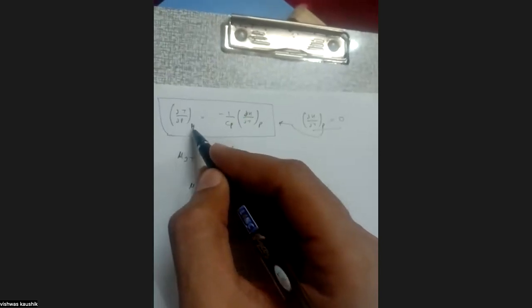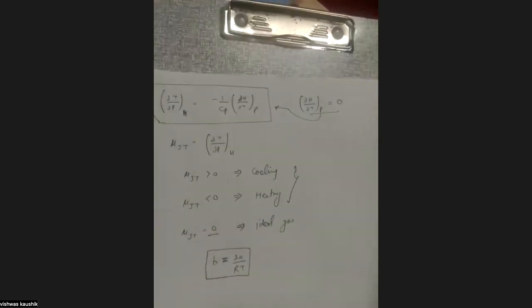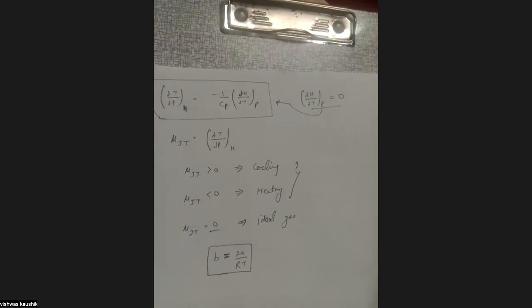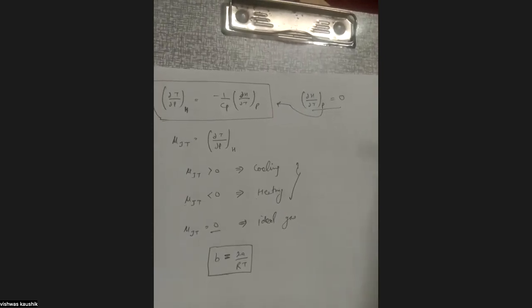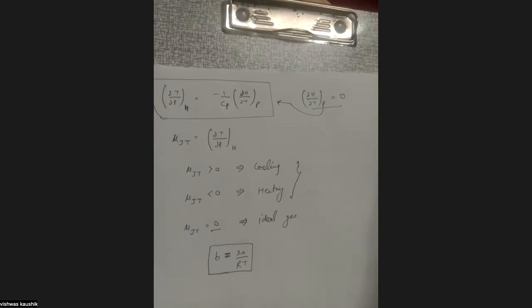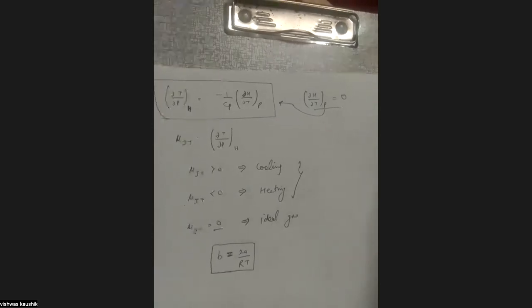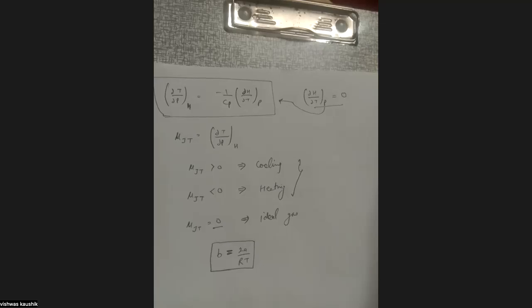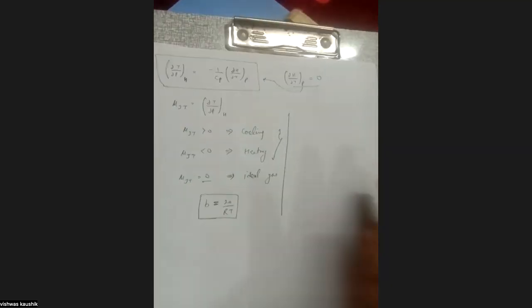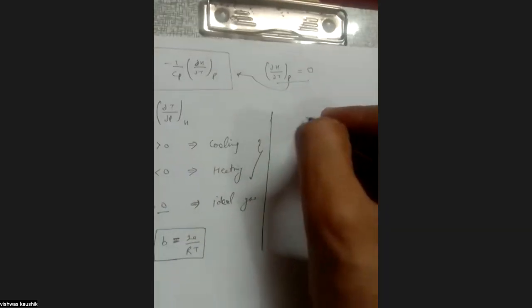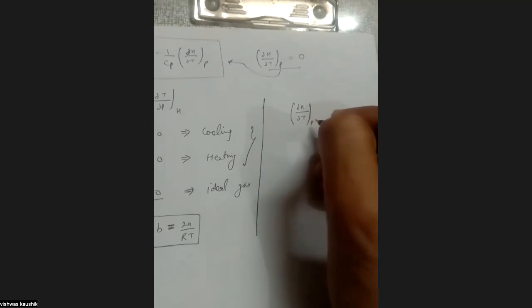We can also say that for a real gas there will be intermolecular attractions, so there will be a corresponding change in the pressure and also in the volume. All such conditions lead to the result that for a real gas mu JT is positive. If mu JT is positive, then there will be a cooling effect.